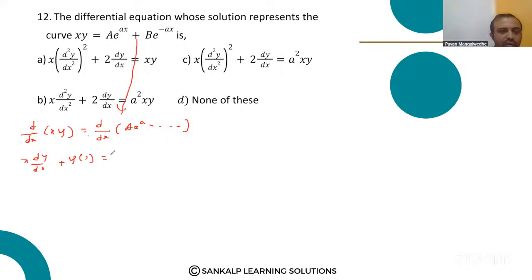Which can be written as a into e raised to ax plus b into minus a e raised to minus ax.